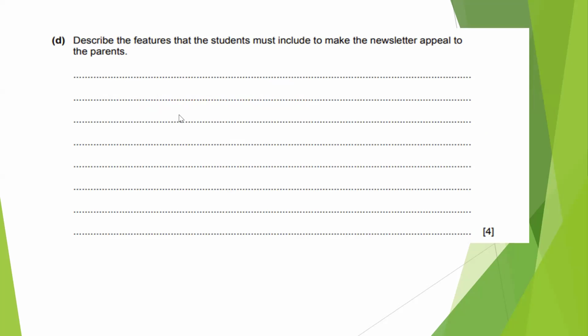Now describe the feature that the student must improve to make the newsletter appeal to the parents. Now this is the practical part. So can you write 4 features, 2 features? I'll do. Write that.